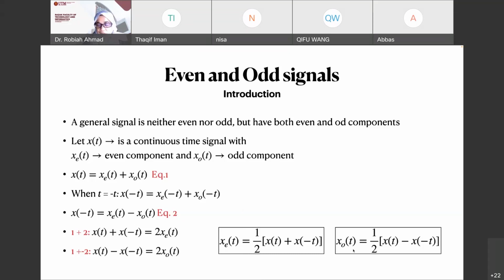And for odd, it will be half x(t) minus x(minus t). So the difference is the plus and minus here. Both use x(t) and x(minus t), the reversal of the signal. The signal plus the reversal of the signal divided by 2 is even. The signal minus the reversal of the signal divided by 2 is odd. Okay.